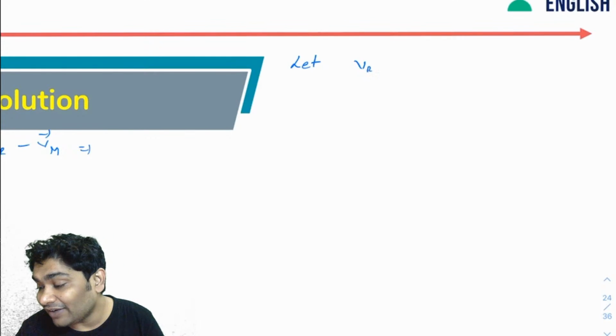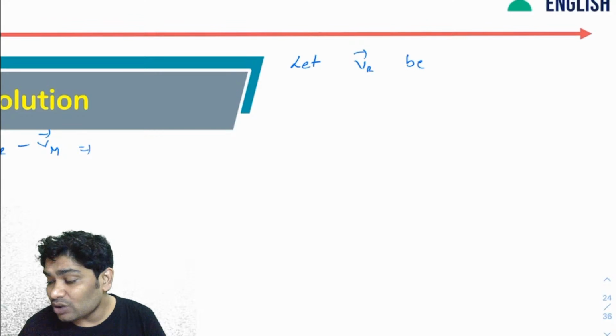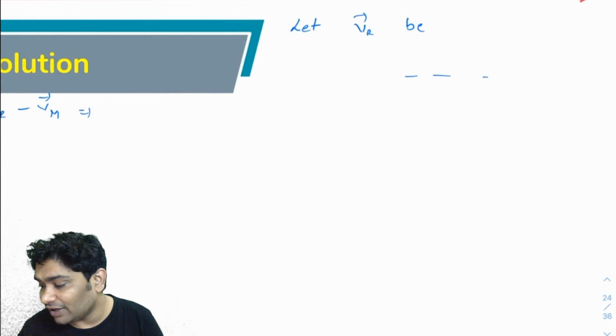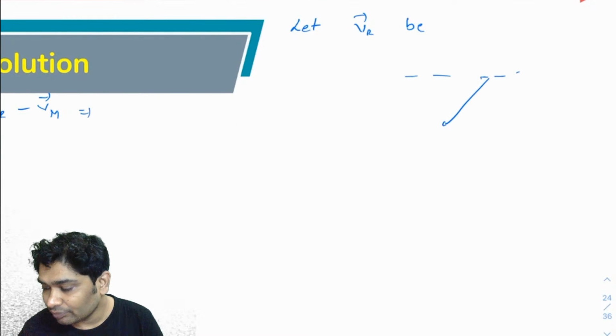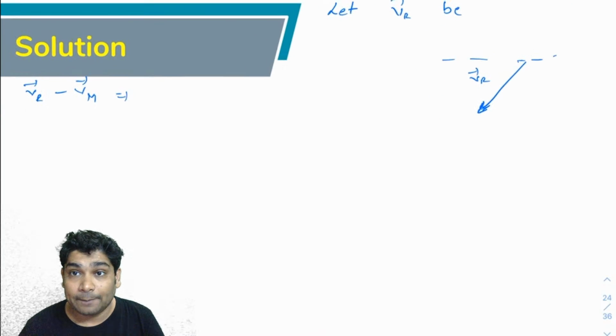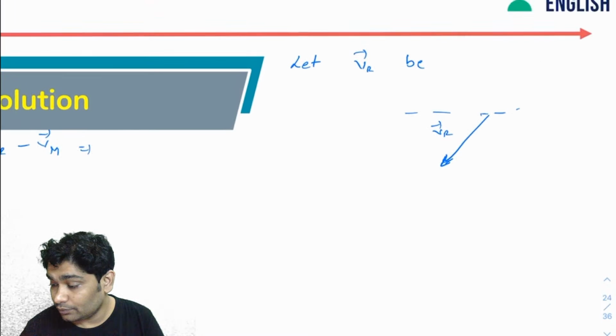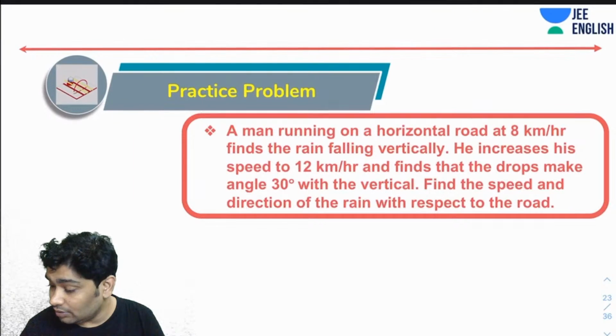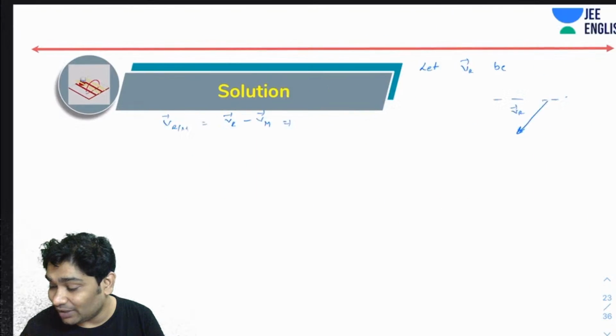So let VR vector be... So I'm assuming velocity of rain vector to be like this. All right. So this is VR vector, which is the velocity of rain with respect to ground. Would you have been told that man was moving with 8 km per hour?